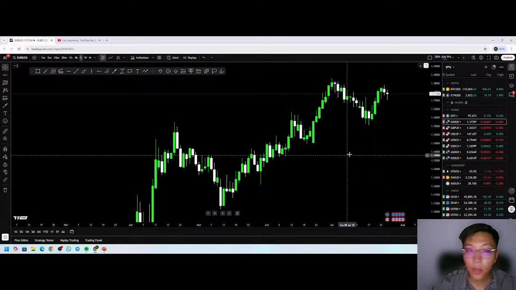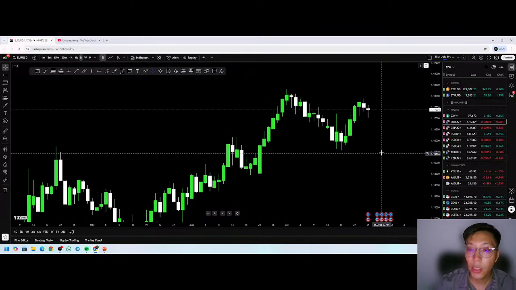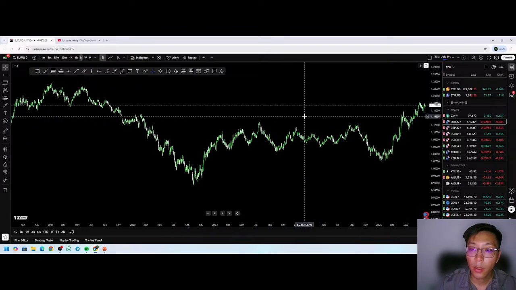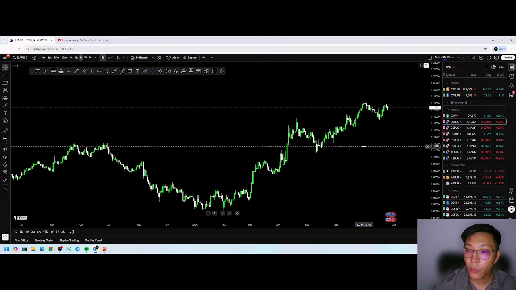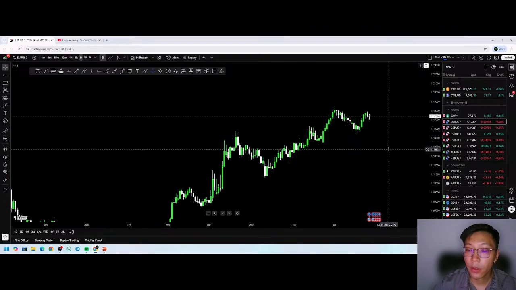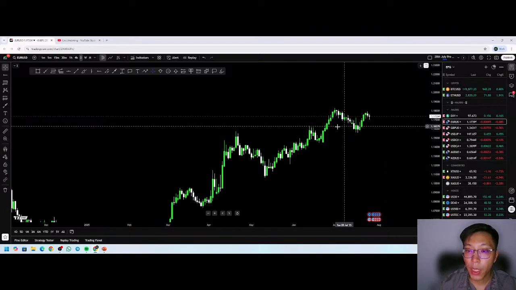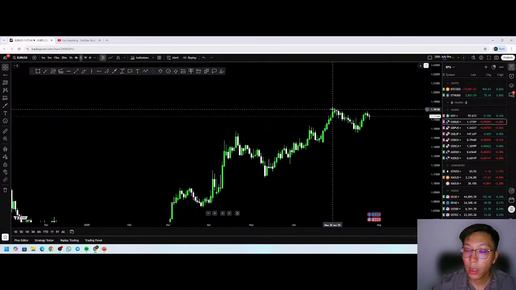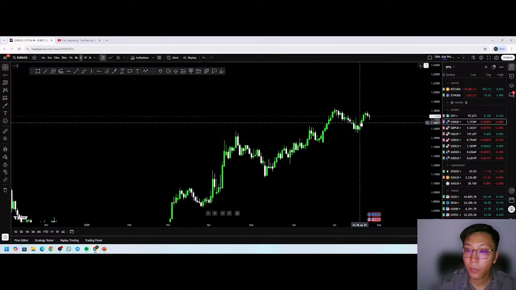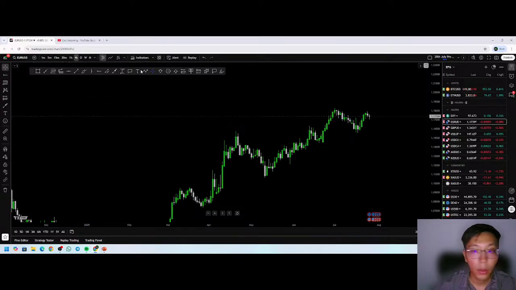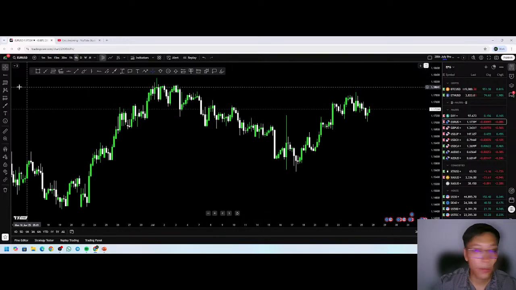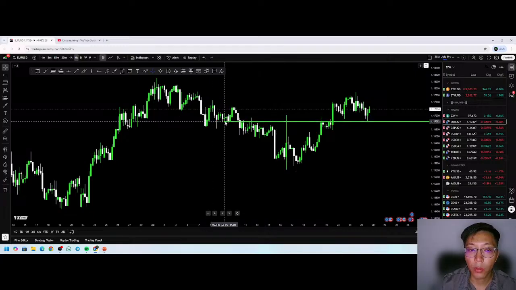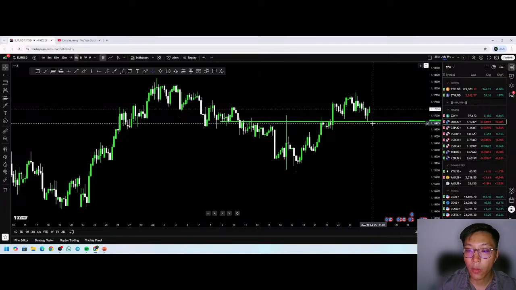You can see right here, if we are looking at the daily chart, wow, euro dollar has actually been creating a lot of highs. So I think there might be a possibility that, let me see. H4 honestly looks very nice. I would have entered right about here, this level over here.